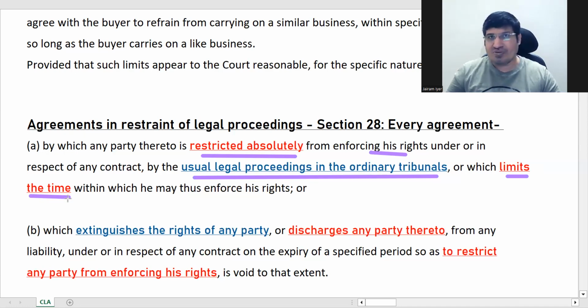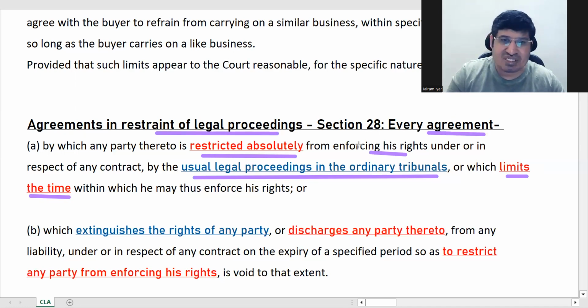Even that you cannot. You cannot even limit the time. So agreements in restraint of legal proceedings are agreements which restrict absolutely from going for legal proceedings, or limit the time, or extinguish the rights of any party, or discharge any party thereto.